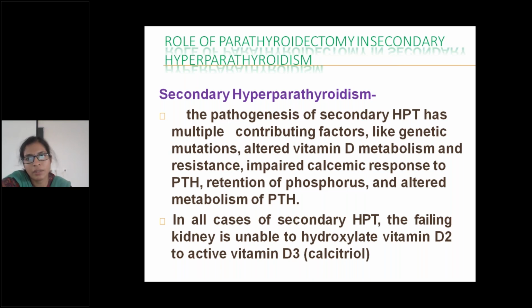So the calcium will be normal, but due to receptors, genetics, retention of phosphorus and altered metabolism of parathyroid hormone, there will be increased parathyroid hormone secretion from this gland. All 4 parathyroid glands will become hyperplastic. In renal failure also, the kidney is unable to convert vitamin D2 to active vitamin D3, calcitriol.